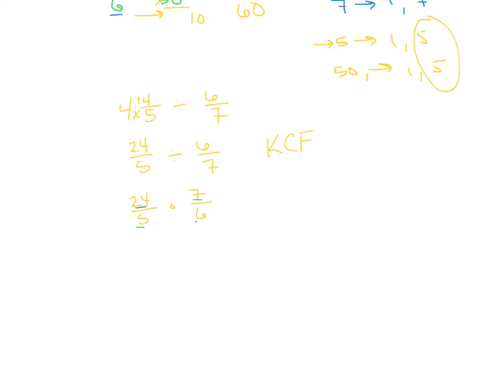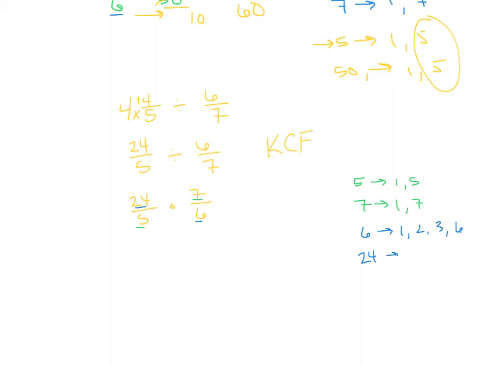So, let's look at 5 and 7 first. 5 is divisible by 1 and 5. 7 is divisible by 1 and 7. So, nothing to change there. So now we're going to look at 6 and 24. Okay, 6 is divisible by 1, 2, 3, and 6.